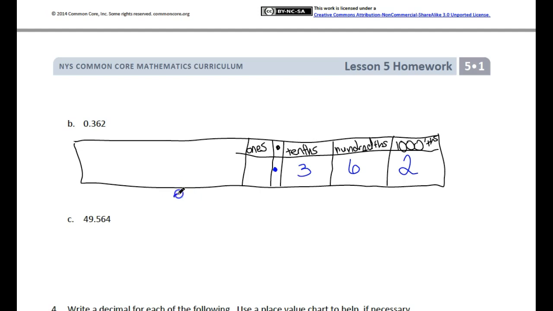If we were going to write this in the expanded form, here's our whole number. What are we multiplying by? We're multiplying by 1/10. And they put them in parentheses just so it's nice and neat. The next thing that we're doing is we're adding some more to that. And this time it's going to be a 6. But it's not going to be a whole 6.